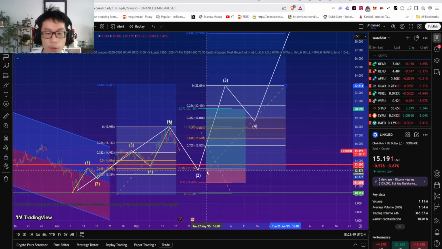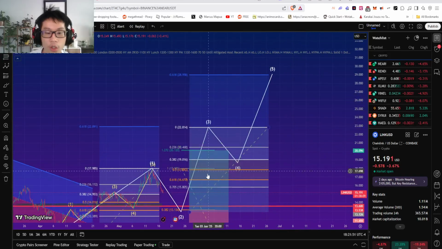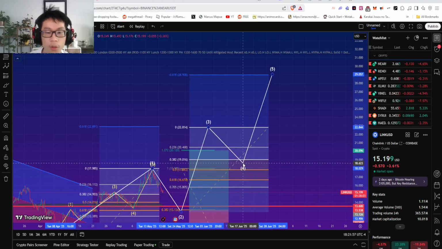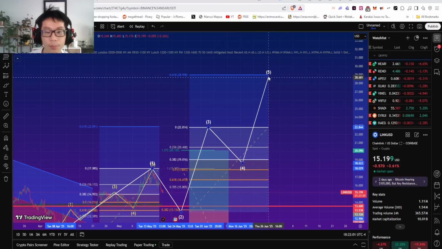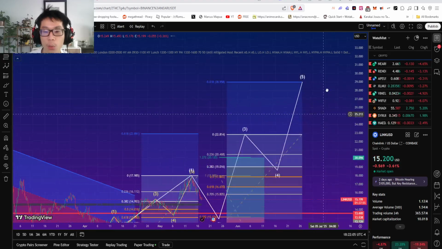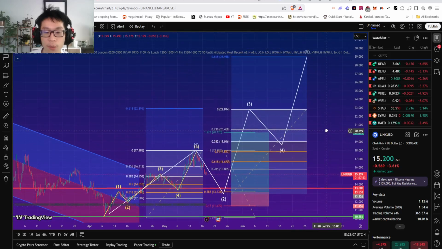See real quick. Yeah, we could technically target, we bounce up 3, and then we go down a bit and target higher. So I guess about like $28, $30 could be our wave 5 for this.